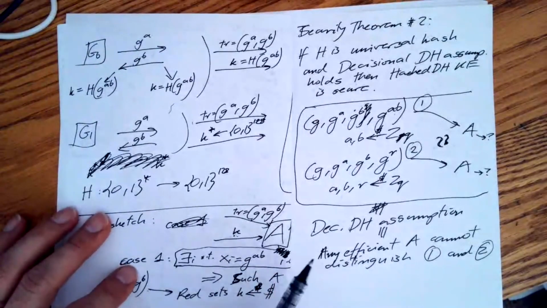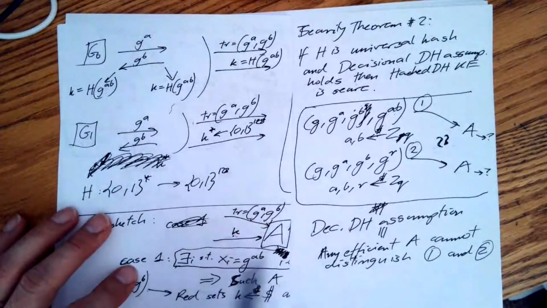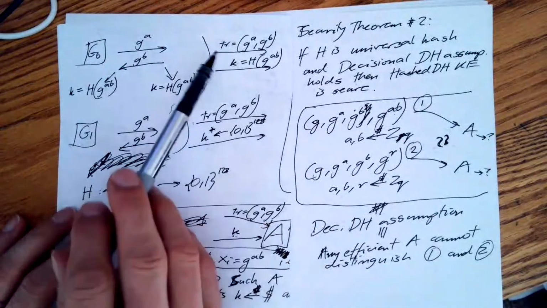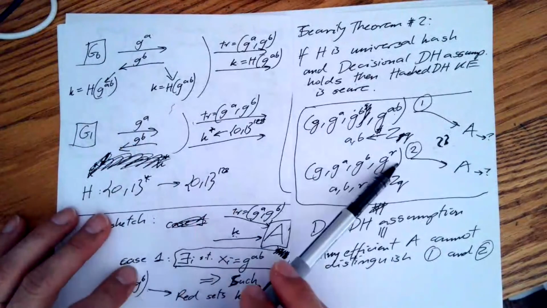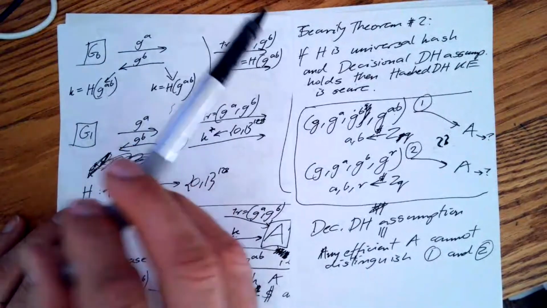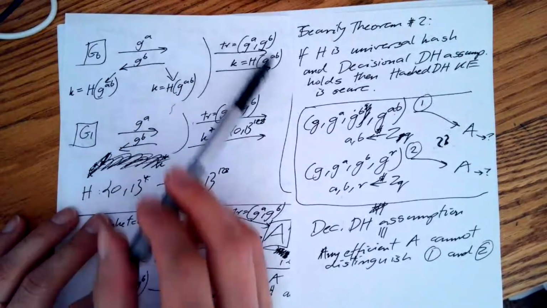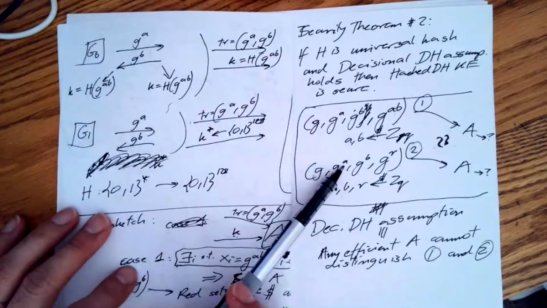So the proof then would work a little differently. Given this view, if you cannot tell it from this view, then I can replace g^{ab} with a random g^r, and you cannot tell, and I will have a reduction like this.